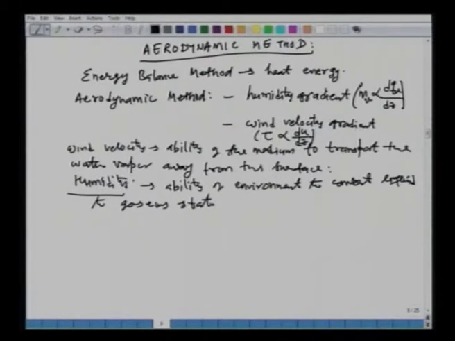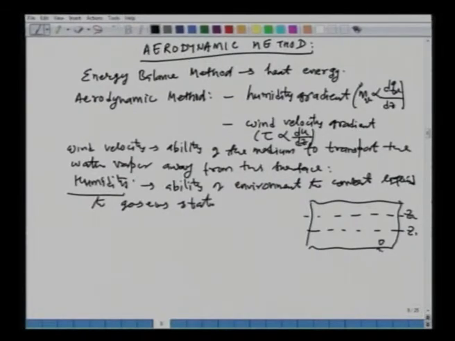Now, before we go to that, let me just try to explain schematically what is happening. Let us say that this is your water body or the water surface close to the ground. Then what we do is we take any two cross sections, let us say Z1 and Z2, just above the water body.